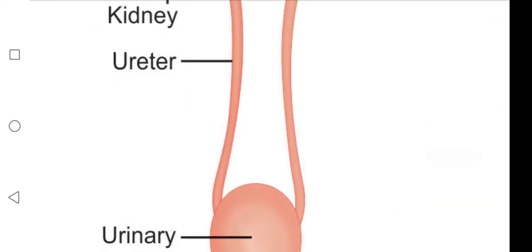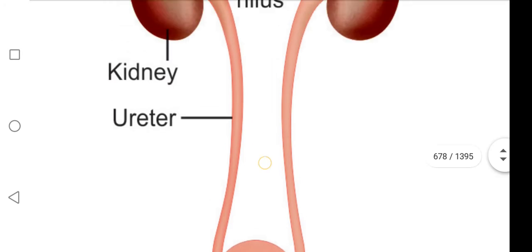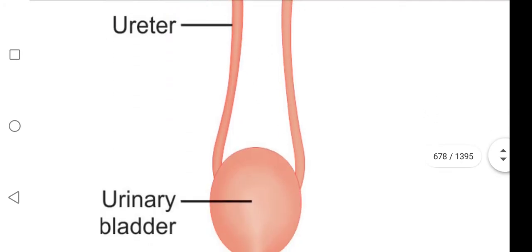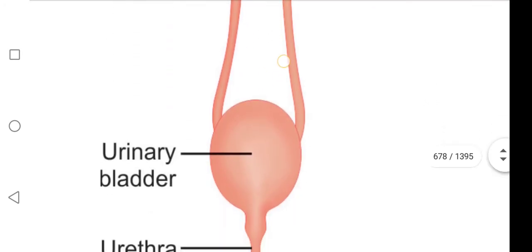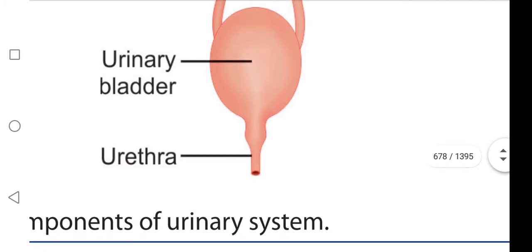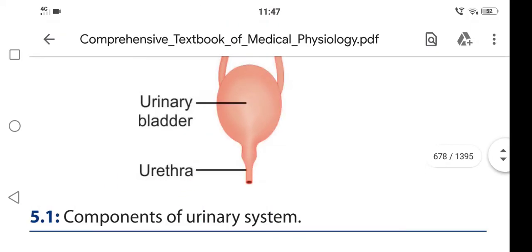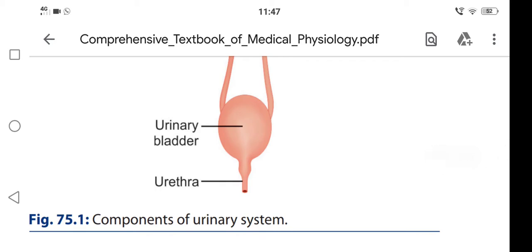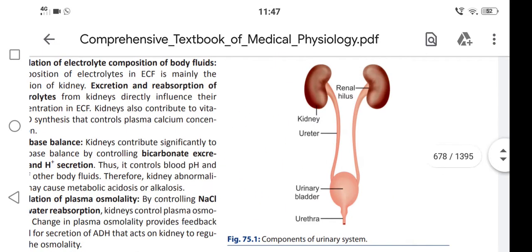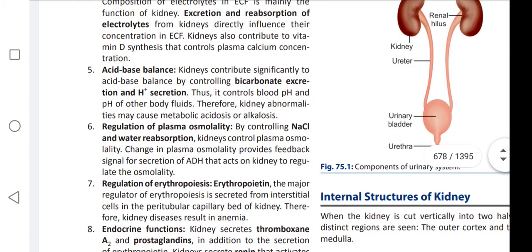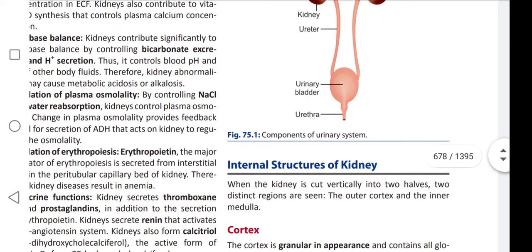And the ureters enter the urinary bladder, and it joins with the urethra, from which place urine is expelled.